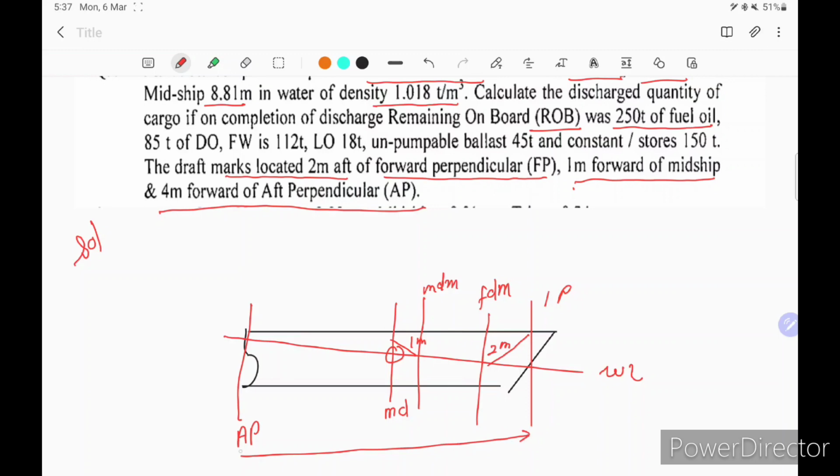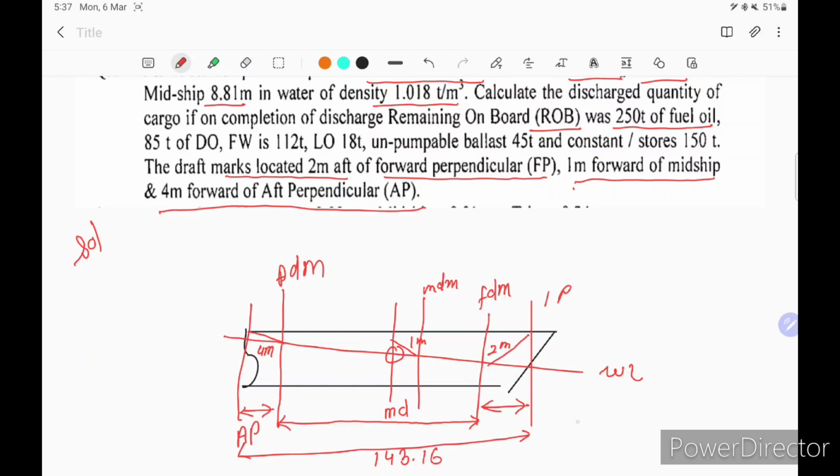Here the length between perpendiculars is 143.16. The aft draft mark is 4 meters forward of the aft perpendicular, so from the aft perpendicular 4 meters forward, this is the aft draft mark. So our distance between draft marks is this one: 143.16 minus 4 here and minus 2 from here.